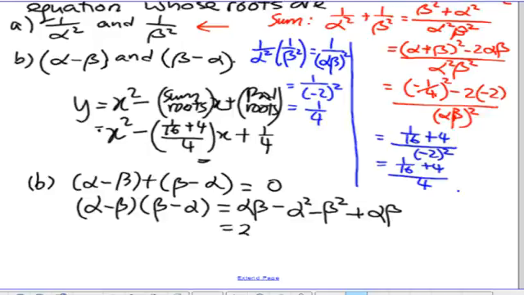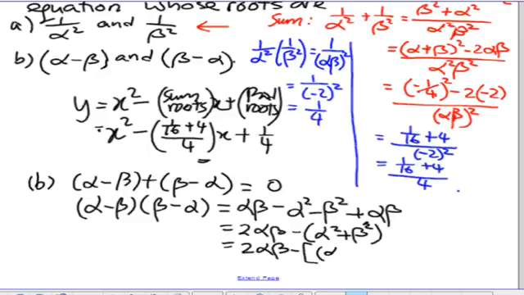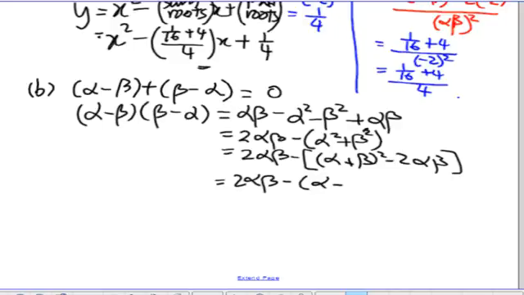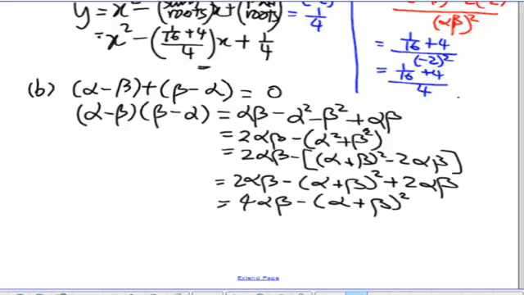So we'll have 2 alpha beta minus alpha square plus beta square, which the algebra is 2 alpha beta minus the big bracket here, which is alpha plus beta everything square from example number 1 minus 2 alpha beta, or 4 alpha beta minus alpha plus beta everything square.